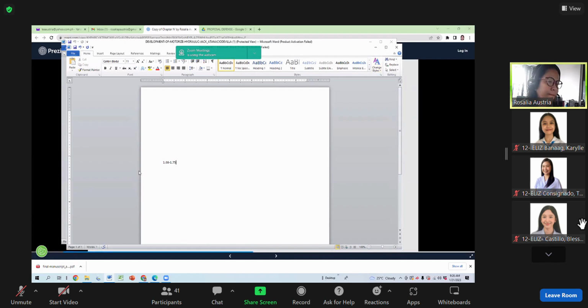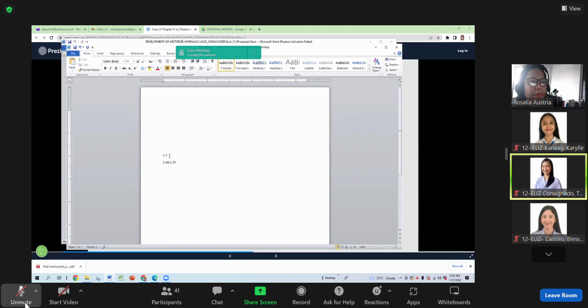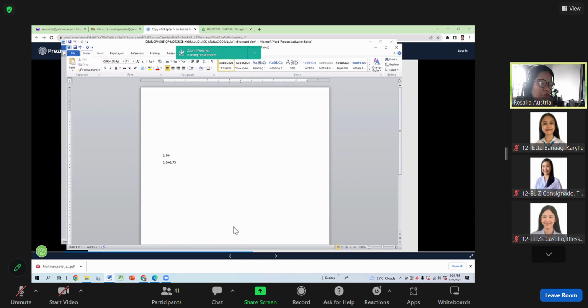Got it? Now, what will you put above here? It will be higher than 1.75. Add 0.1. What's the answer? 1.76. Okay, 1.76. Now, your answer earlier was 1.75 plus 0.75.